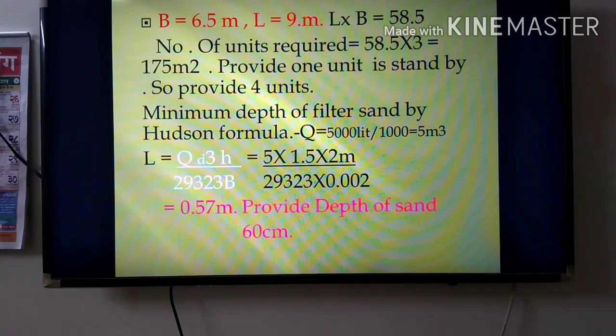Minimum depth of filter sand by Hudson formula. Capital Q is equal to 5000 liter divided by 1000, that is 5 meter cube.